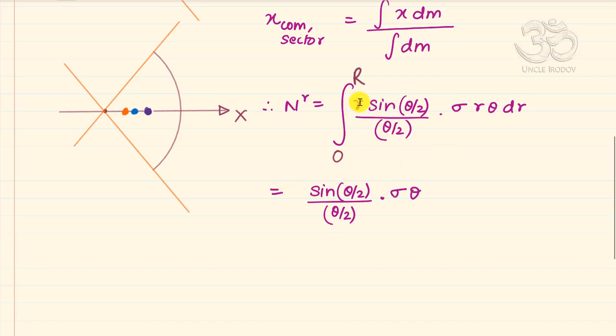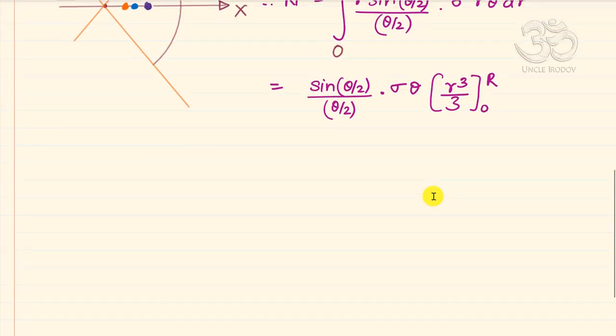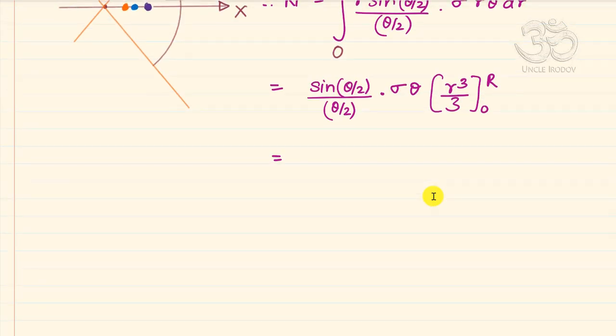What is left inside is this small r and this small r, so r square, and r square dr is going to give me small r cube by 3, and the limits are going to be from 0 to r. So this is sigma theta sine theta by 2 divided by theta by 2 times big R cube by 3. This is what the numerator is.